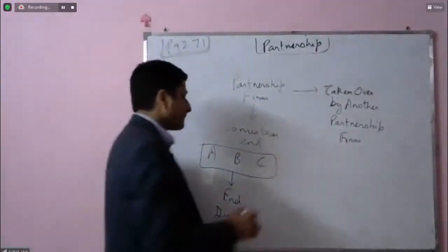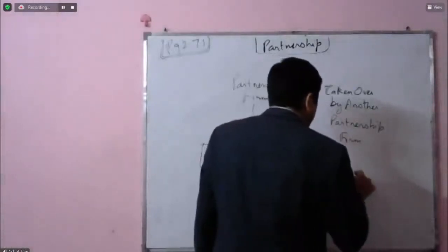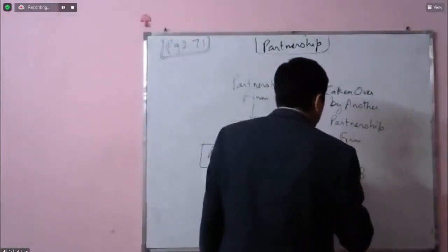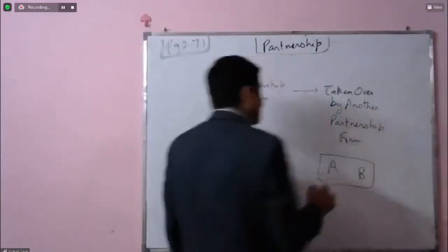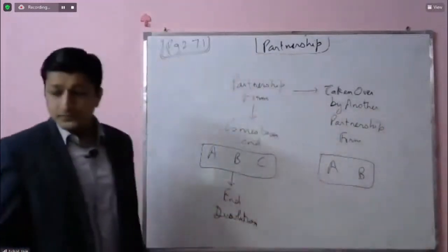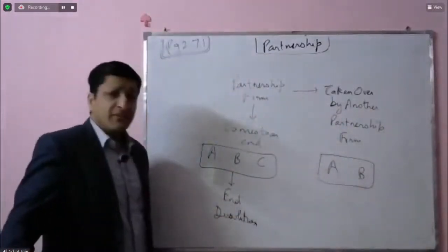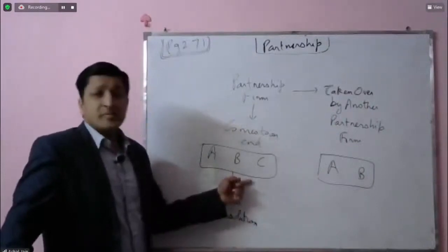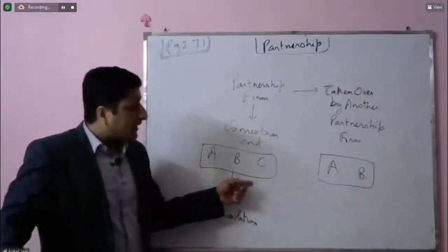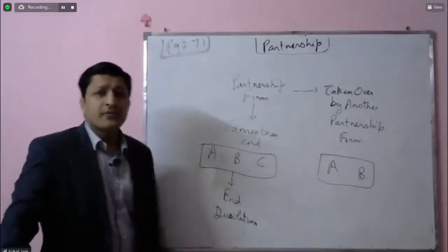After this, A and B continue to be in the partnership. So even though this firm will come to an end, the business will continue in the form of another partnership firm AB.